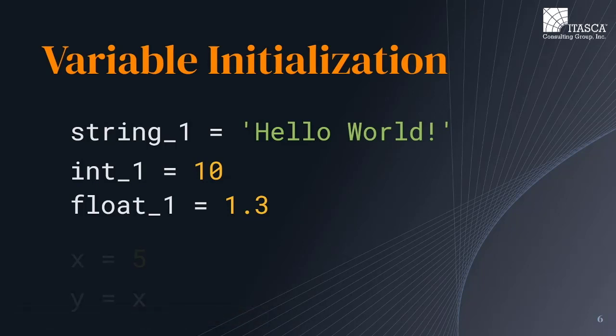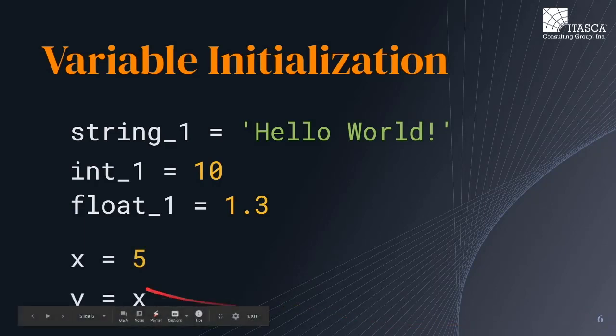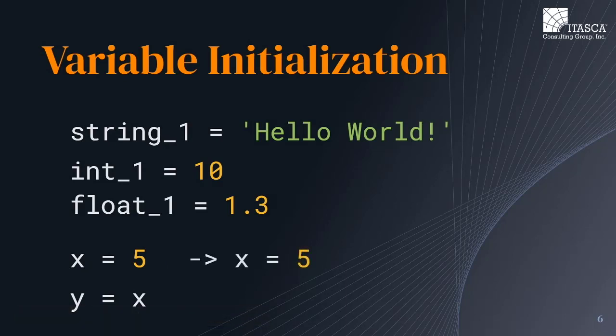Additionally, variables can be initialized using other variables. For example, in this code snippet, a variable x is initialized to hold the data 5. So afterwards, we have that in our code, x is equal to 5. The second line initializes y so as to hold the data within x. So after this, y will then be equal to 5.